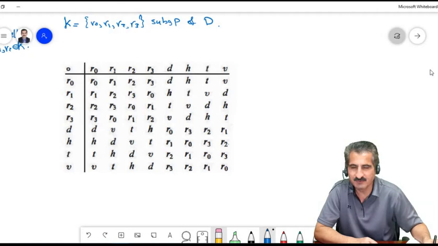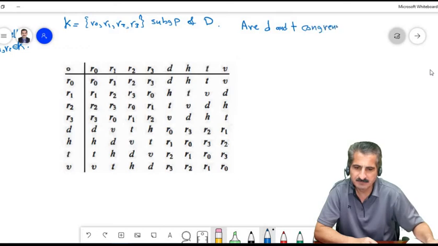I'm giving you the table of composition, and we will use it right away. So the question here, let me write it: are D and T congruent modulo K?